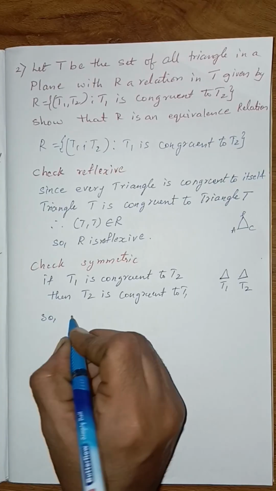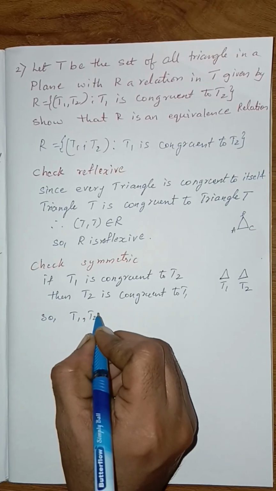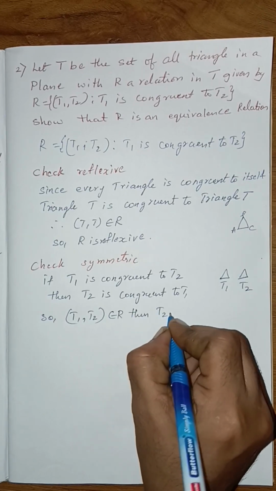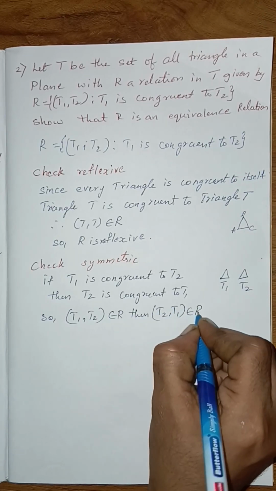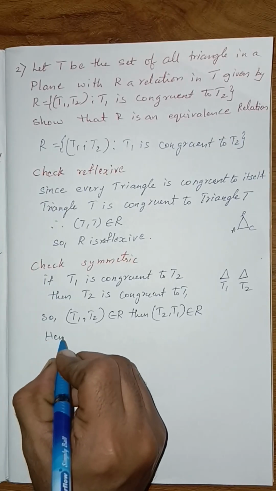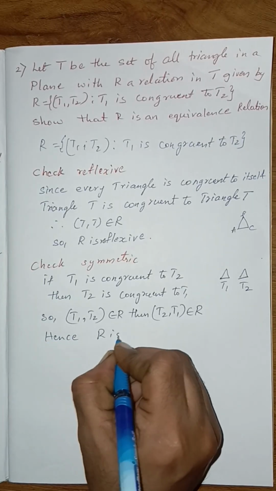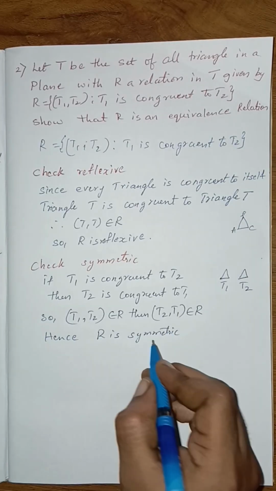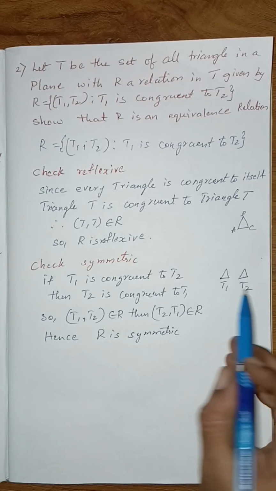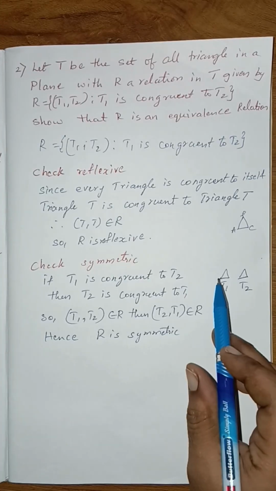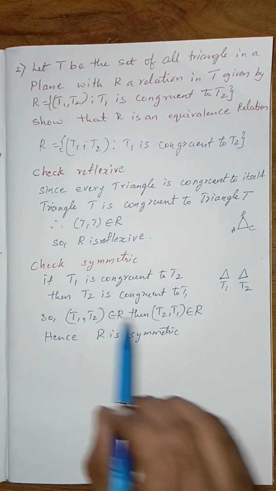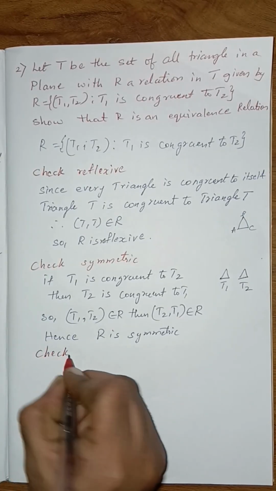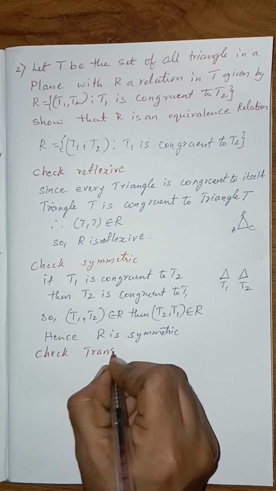So if (T1, T2) belongs to R, then (T2, T1) also belongs to R. Hence, R is symmetric. So the relation R is proved as symmetric because T1 is congruent to T2, and obviously T2 is also congruent to T1. So now we have to check for transitive.